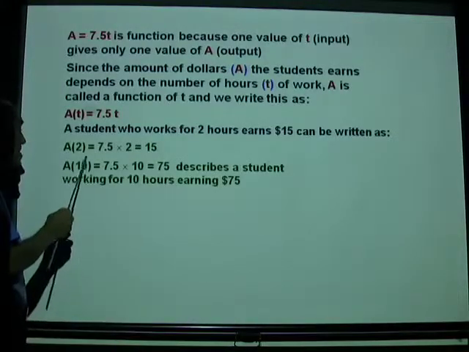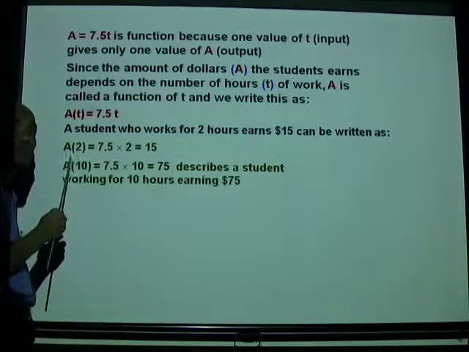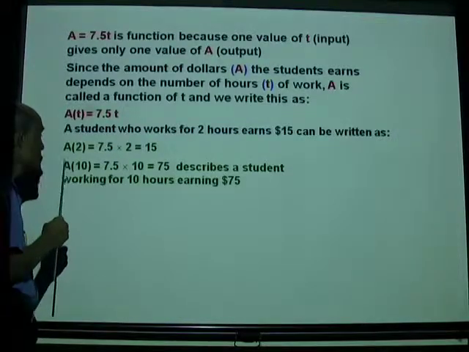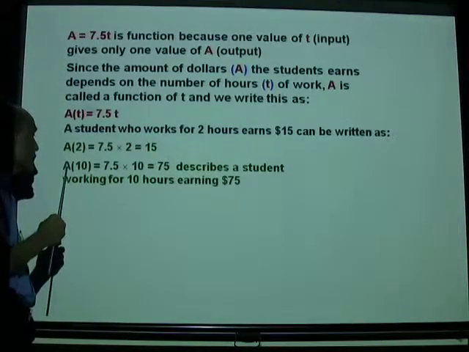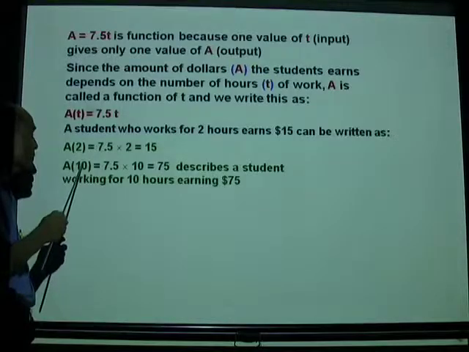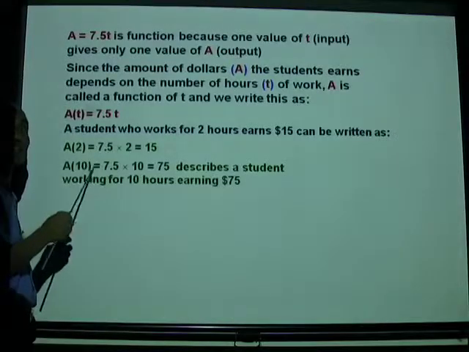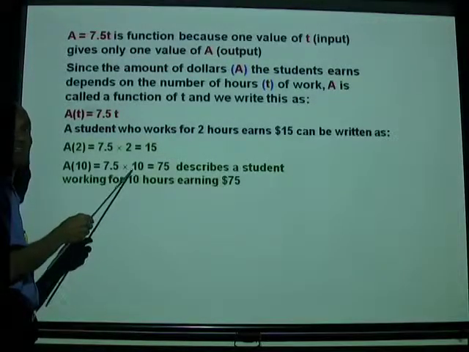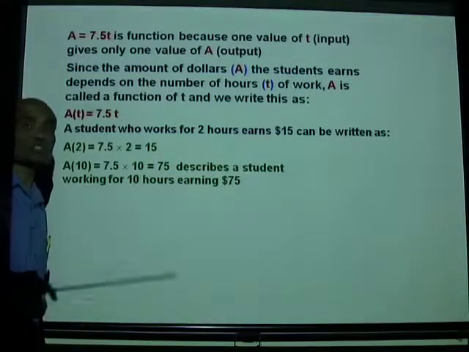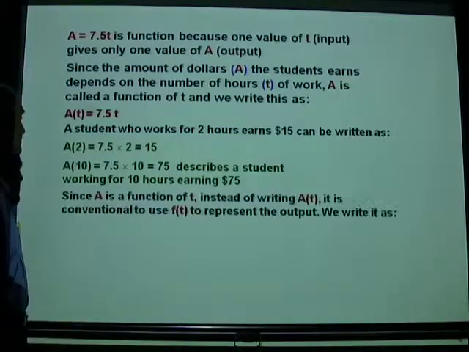Now A of 10, what does A of 10 represent? A of 10 represents the amount of money earned by a student who works for 10 hours. That would be 7.5 times 10, which is $75.